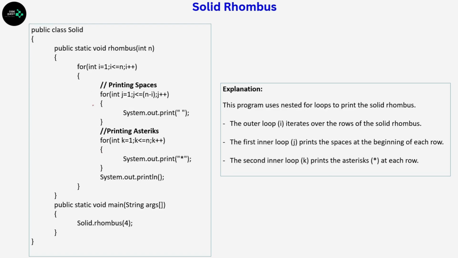One inner loop looks after printing the initial or leading spaces that we require, whereas the second inner loop is responsible for printing the remaining asterisks. And this System.out.println is going to bring the cursor to the new line after each row's respective spaces and asterisks are printed.